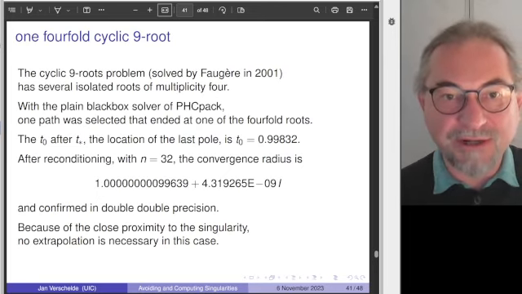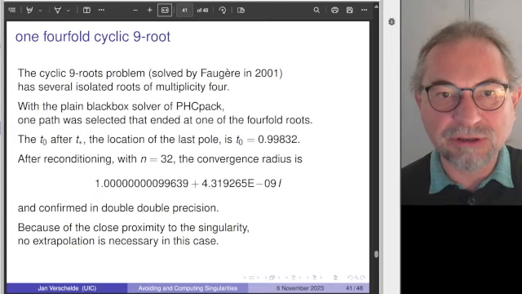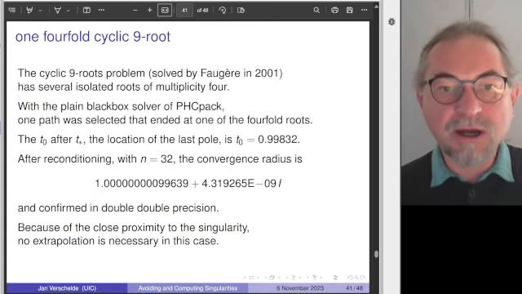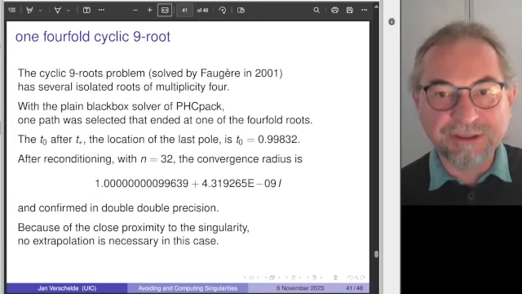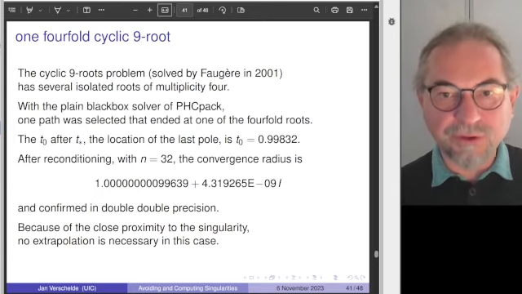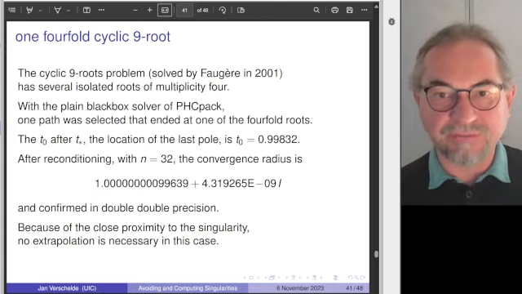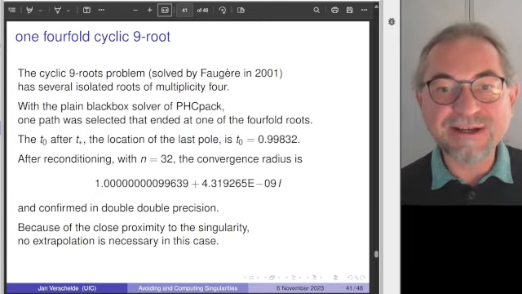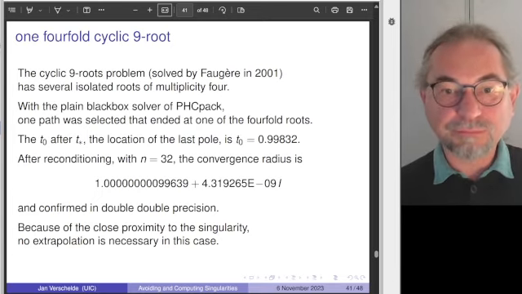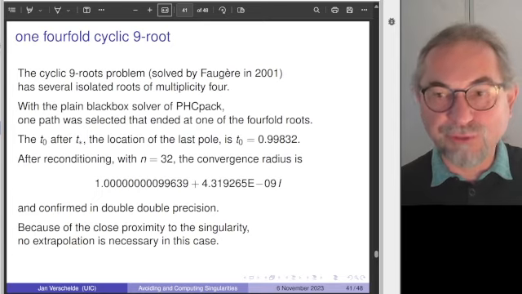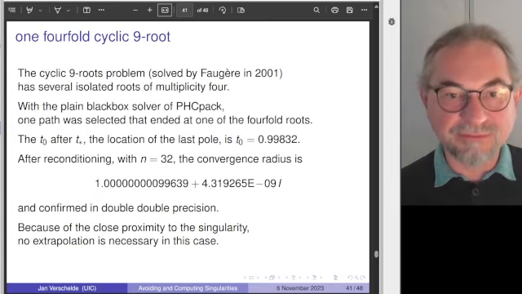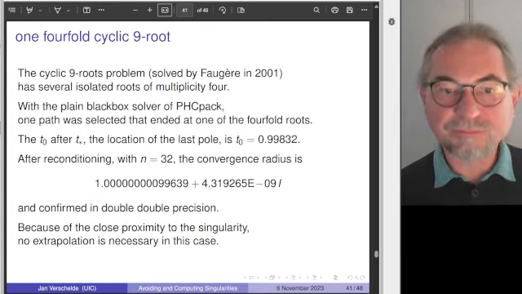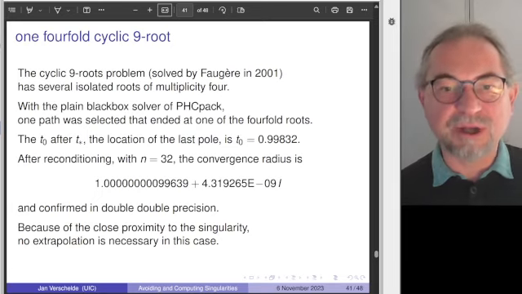So another benchmark is cyclic 9 roots. That was solved symbolically with Gröbner bases already a long time ago. If you converge to the fourfold root, so it has isolated solutions with multiplicity 4, then after you recondition, this is still double precision, but I confirmed it in double precision.